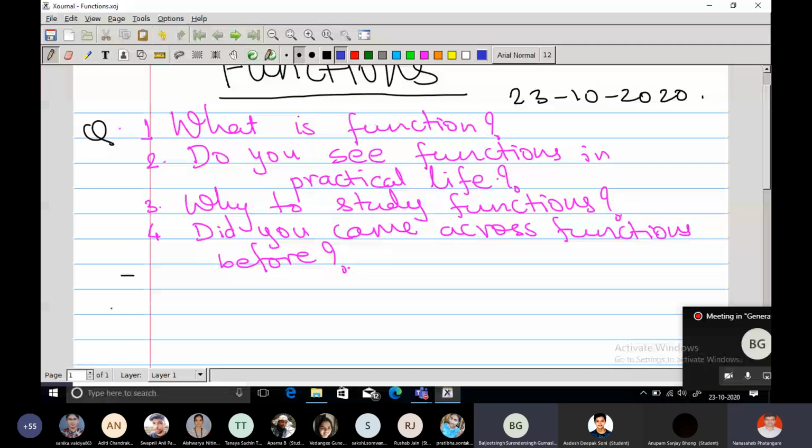So what he said is that you have two sets. I have set X, the set of students from FYBSc A division. And set Y is the set of numbers.